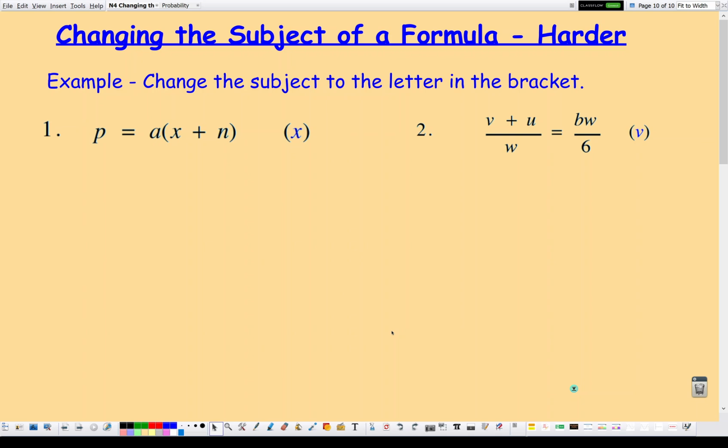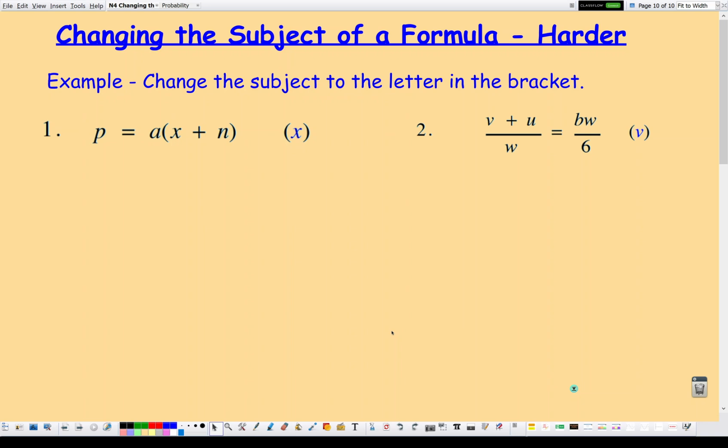So first example is P equals a bracket x plus n, and we are trying to make x the subject. Okay, so remember, our goal is to get the subject on its own on the left hand side.